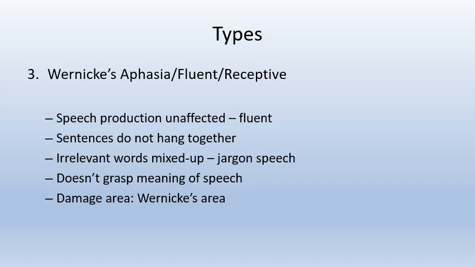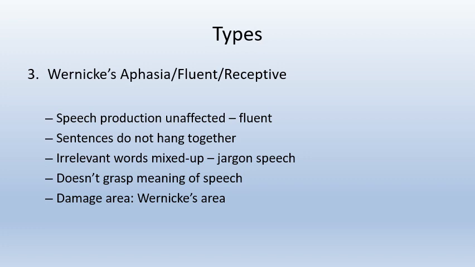Yeah. Okay. And who are you looking at over there when you turn your head? That's my wife. Okay. And why is she helping you to talk? She's a speech. So you have trouble with your speech? Yeah. And what's that called? Aphasia. All right. Next is vernix aphasia or fluent or receptive aphasia.